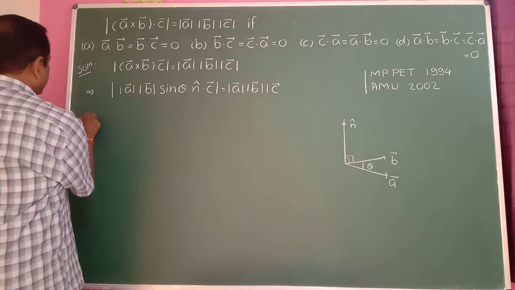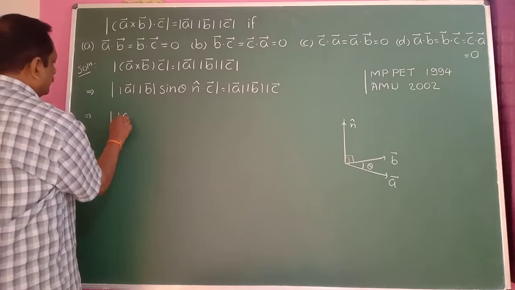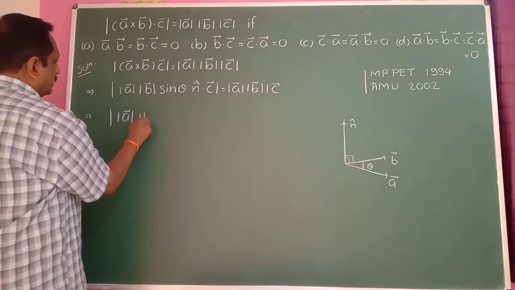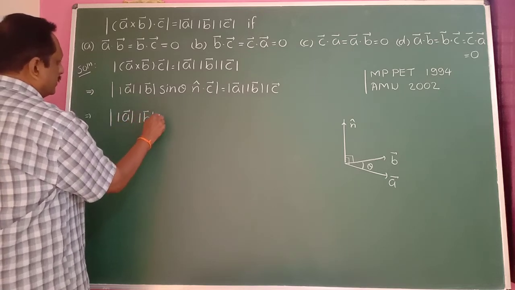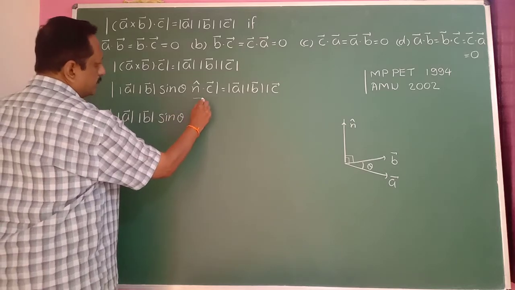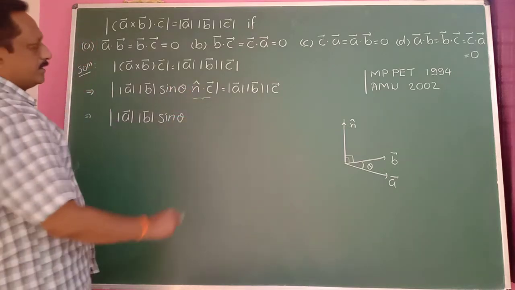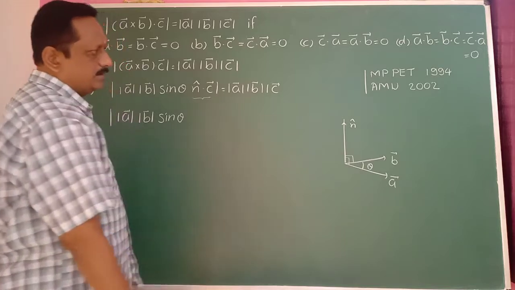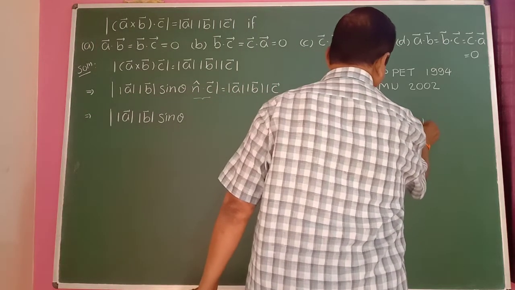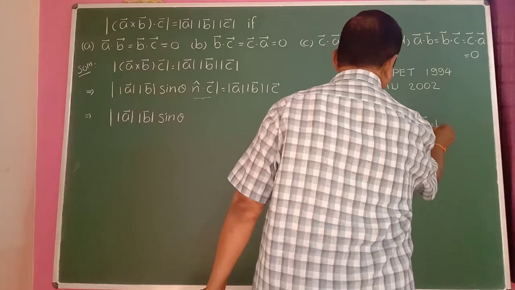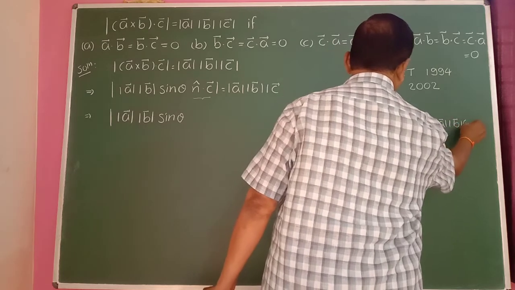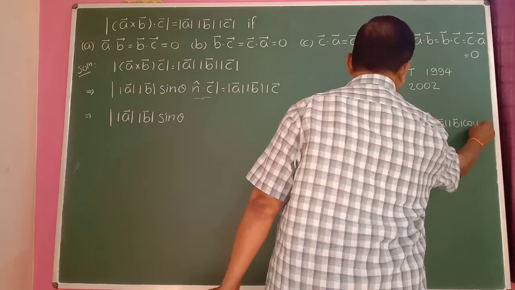So this implies modulus of A bar into modulus of B bar into sin θ. Here use n cap dot C bar, using this formula: A bar dot B bar is equal to modulus of A bar into modulus of B bar into cos α here.